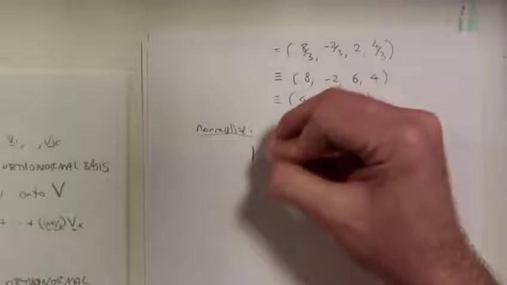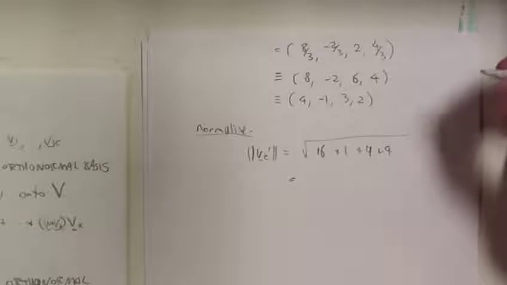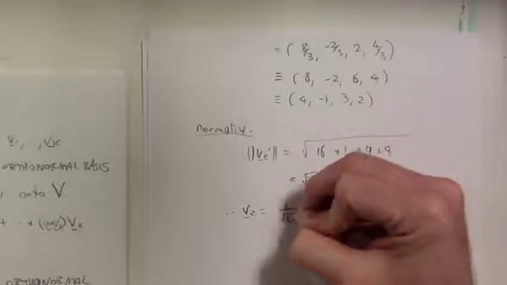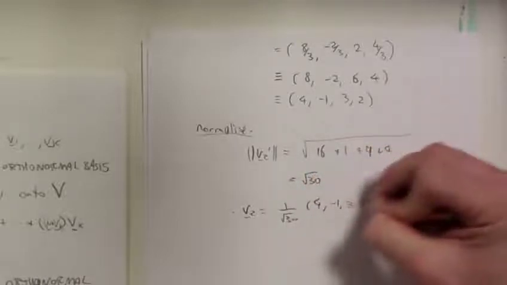So the length of V2 dash is the square root of 16 plus 1 plus 9 plus 4. What, root 30? Awesome. And so therefore my new V2 is 1 on root 30 times 4 minus 1, 3, 2.